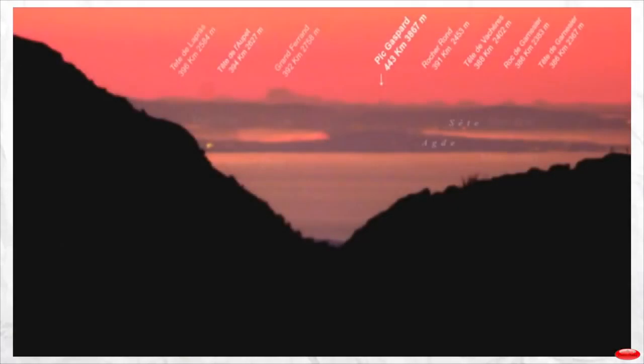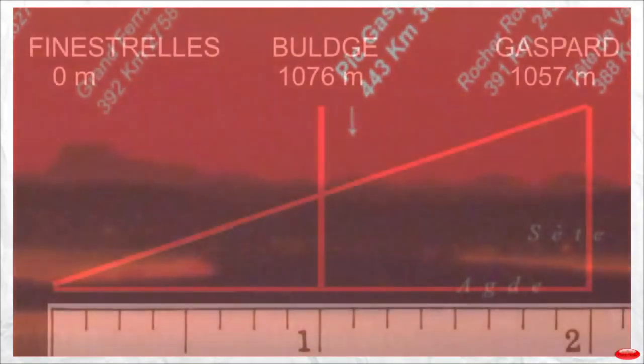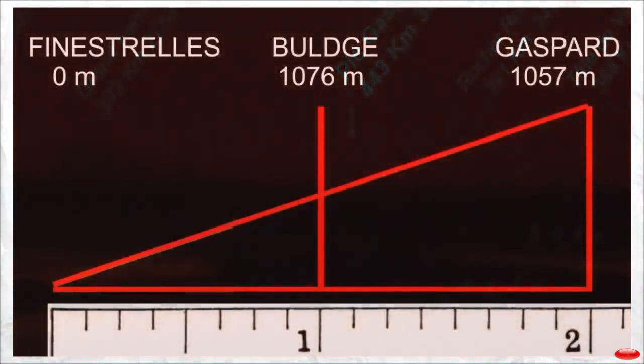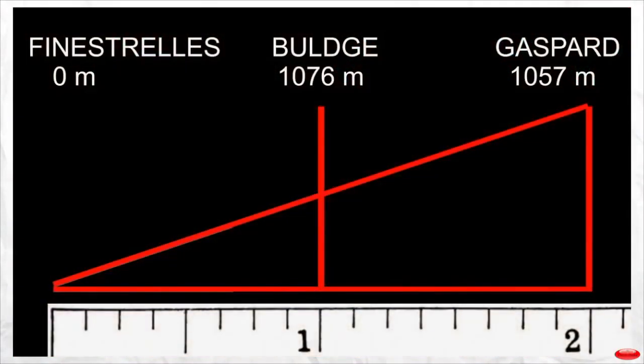If I were to grant that we are viewing the top 73 meters of Peak Gaspard in these pictures, and the cause of that is refraction, then let's go back to our prior graph and get a visual representation of what would be happening with refraction.